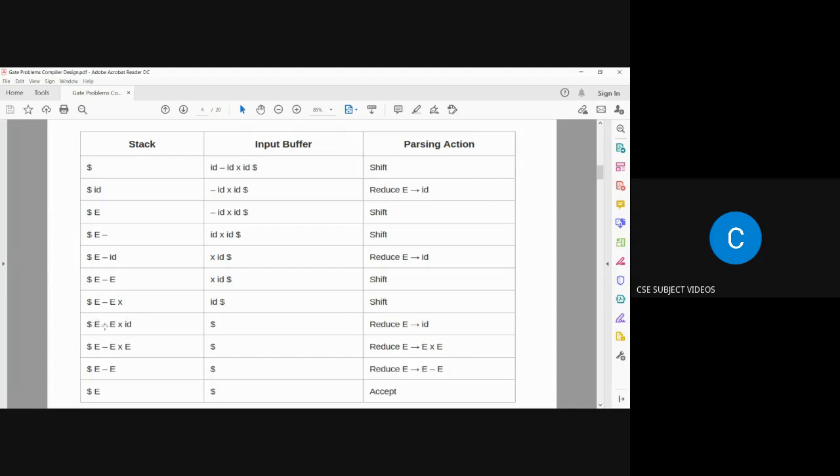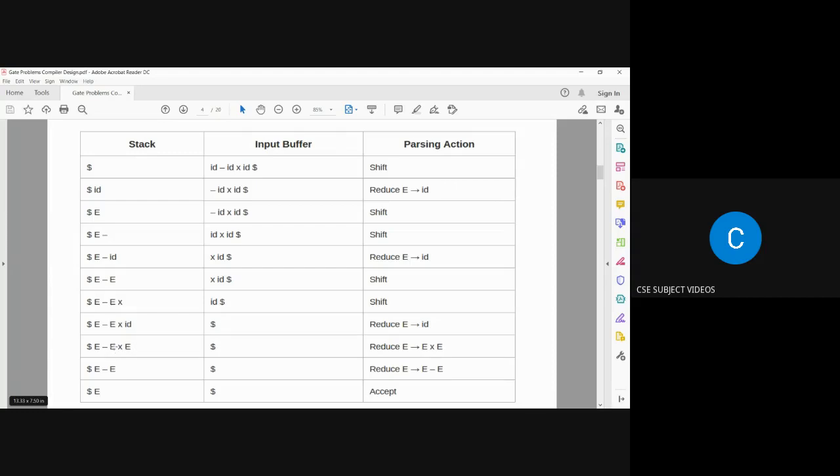Now dollar E minus E into id is on the stack, with the dollar symbol in the input buffer. With this, what will we do next? Shift or reduce? Now we are doing a reduce operation, so instead of this id we reduce to E, so E minus E into E.